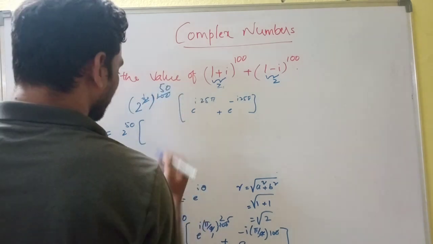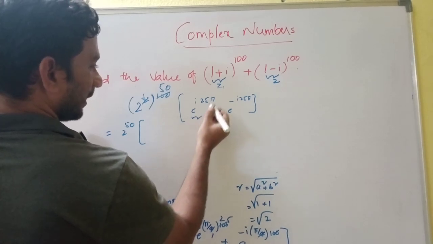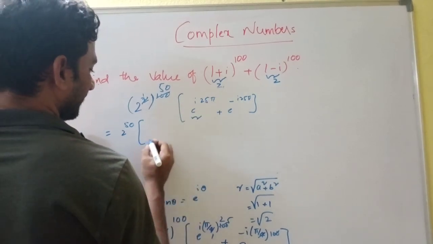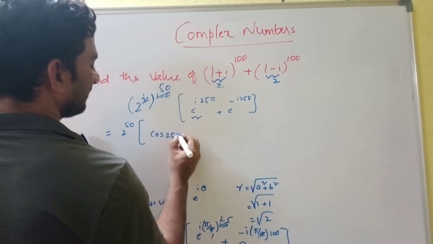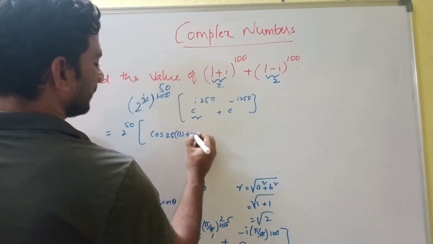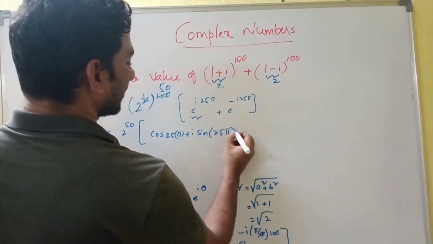Next, how can we translate this equation? e power i 25 pi will become cos 25 pi plus i sin 25 pi.